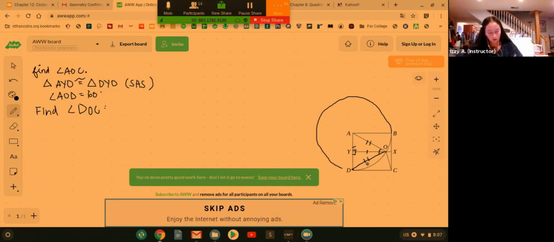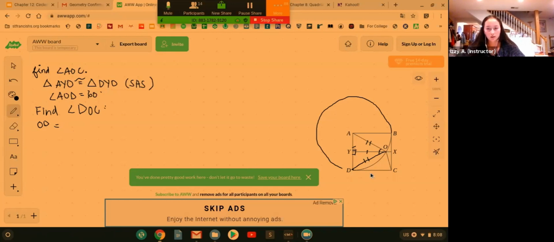Yes, okay. So OD is the side length of these. Sorry, my apologies. If we look at triangle DOC, we can figure out that because DO is equal to AD, and AD is the side length of the square, DO must also be equal to DC.